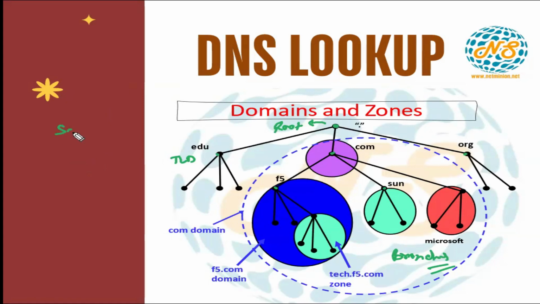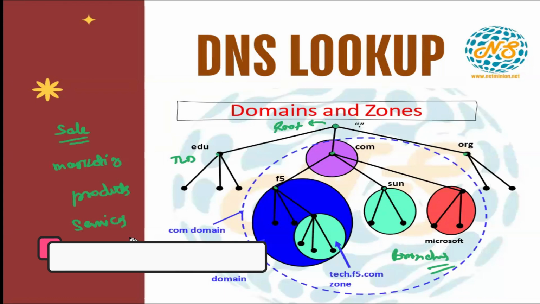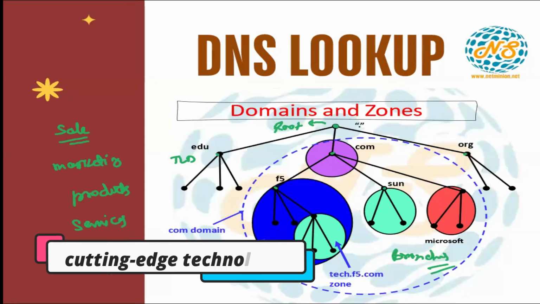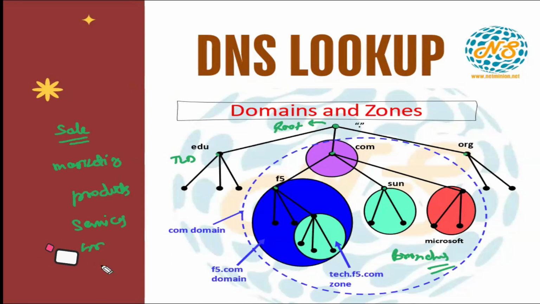Let us say there is a sales area. You have a different zone file for the complete sales group. For marketing, you have a different one. For products, different. For services, different. For HR, different. Hiring, different. So depending upon how big your organization is, you may have multiple zone files, right?